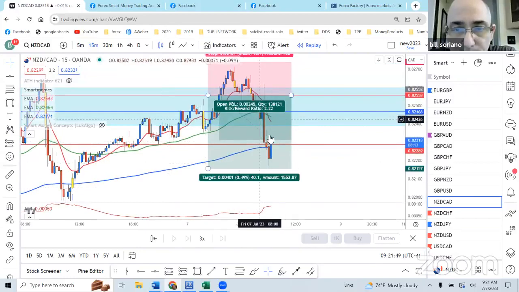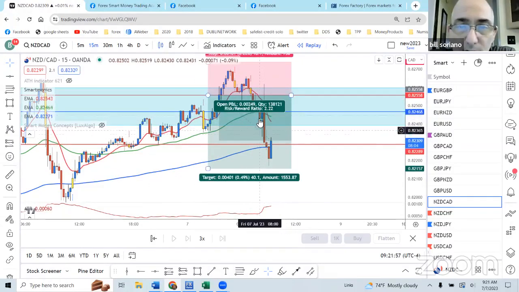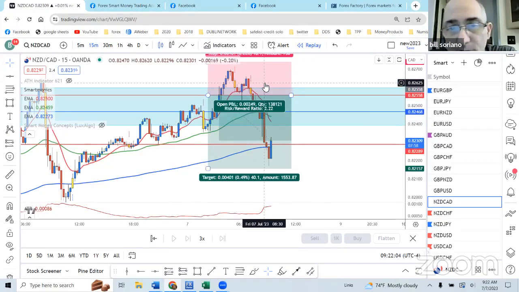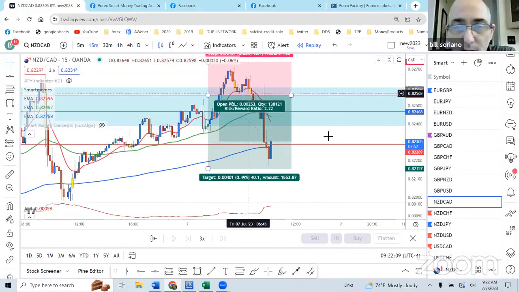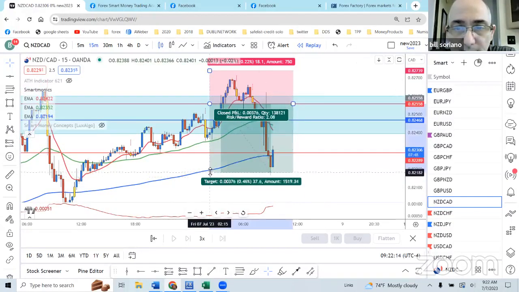So right here, right before that news candle comes out, you could have got out of this trade in profit. Now, if you just stick with it, you can see what happens on the news. The wick goes all the way back up, takes you back into drawdown, but then it continues down. So right now on this trade, if we're trying to get a 1 to 2, we got it.